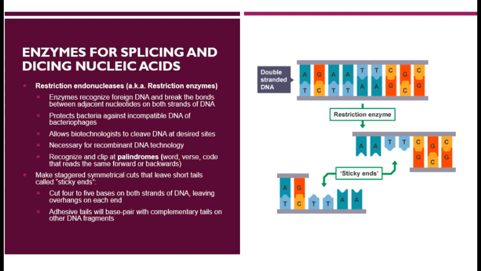It protects the bacteria from DNA that is incompatible with its own chromosome and recognizes the DNA of bacteriophages. It has been used by us in the laboratory to cut DNA at very specific desired locations.